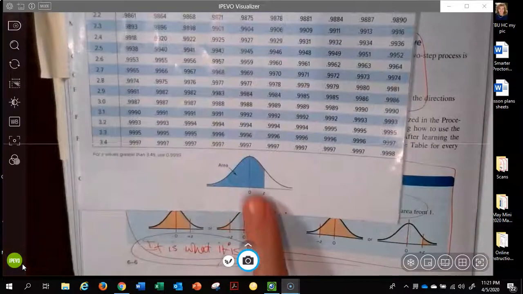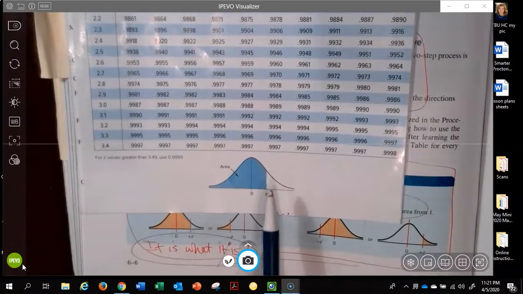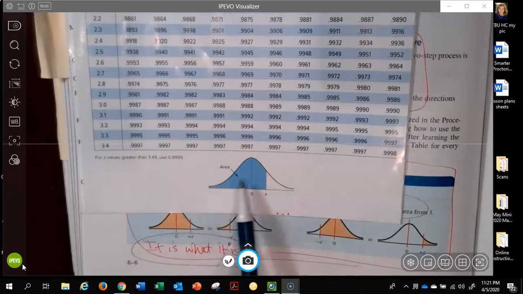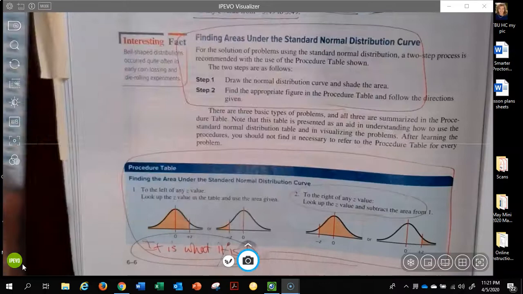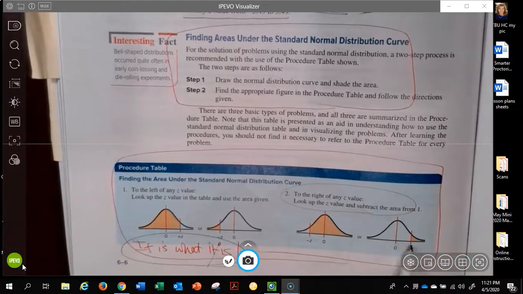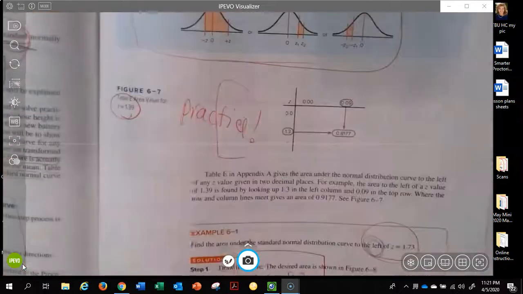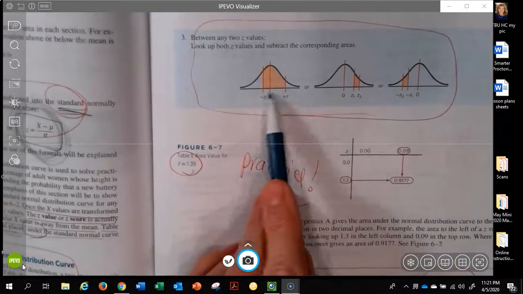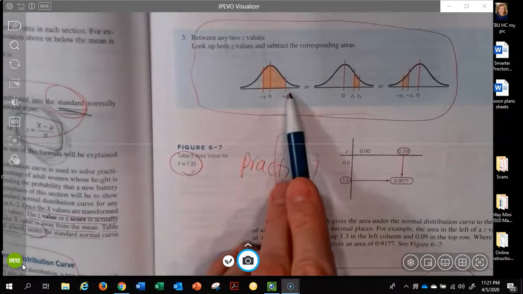I can remember that because if I look down here, it's the same kind of concept, the area to the left of the z-score. But we're also going to find areas to the right, and we're going to find areas in between two of the z-scores.